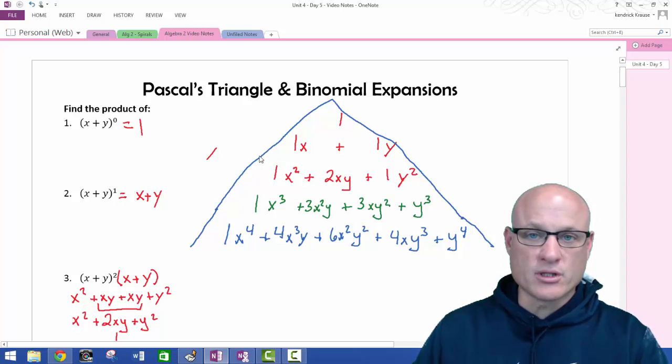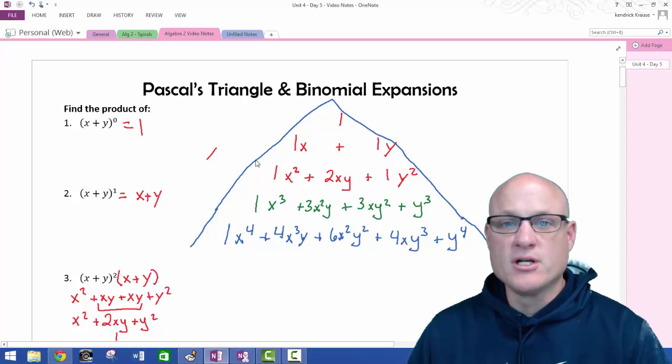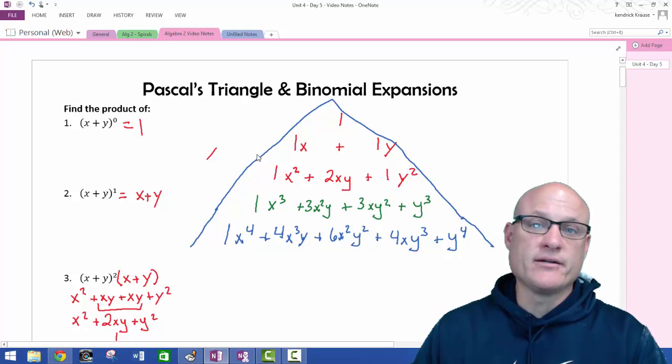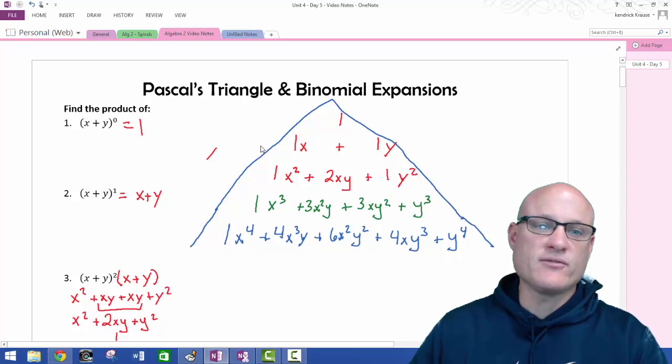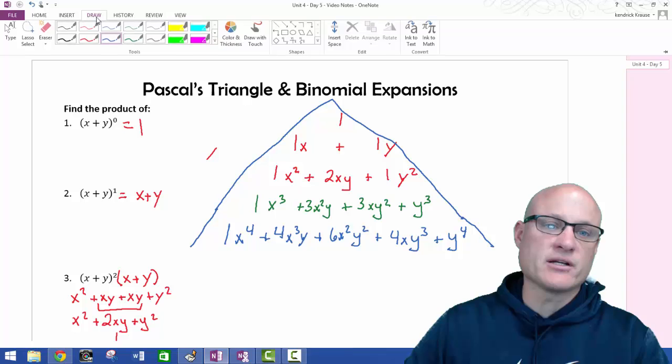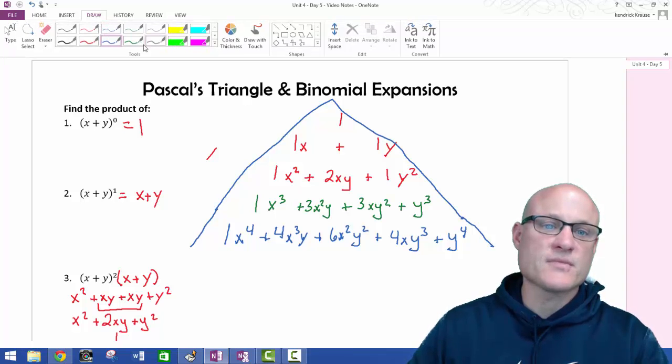Now I'm not going to do the work because I don't want to be here all day and you don't want to listen to me talking all day. So I'm going to put the next row on without having to do a lot of work. And let's see if you can figure out what the pattern is. Let me get another color up here though. How about we go back to red?